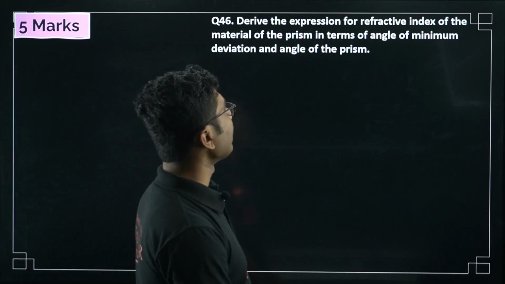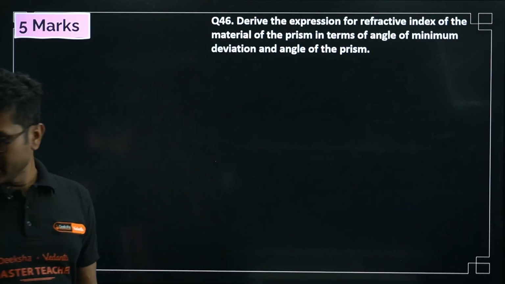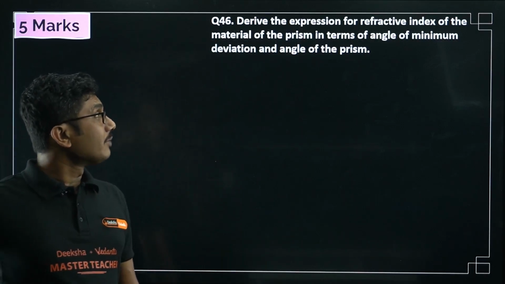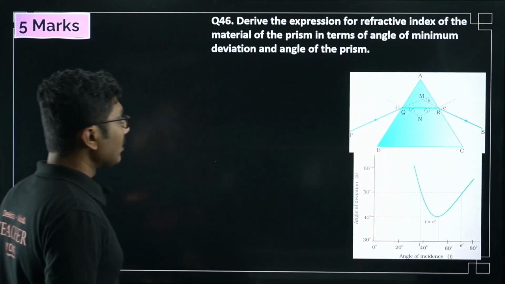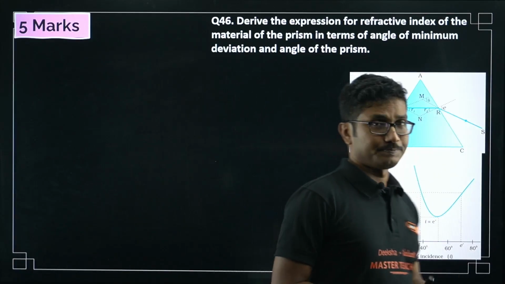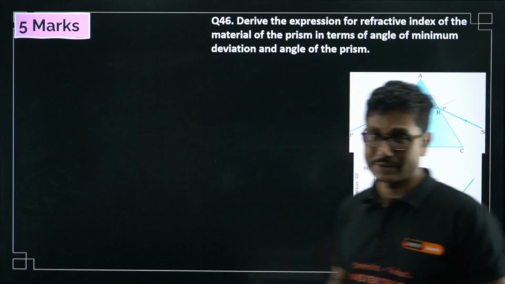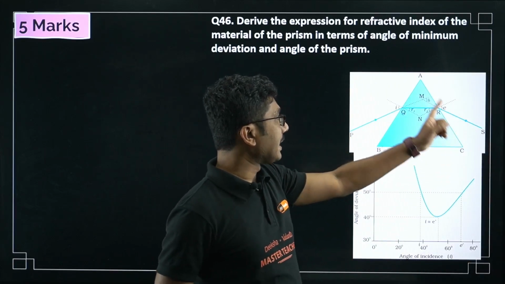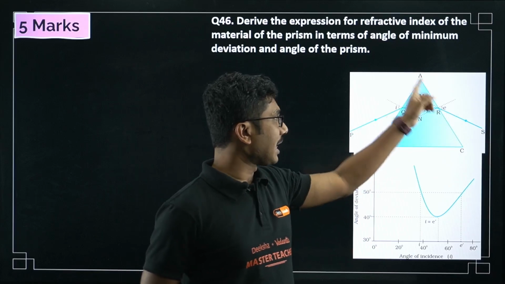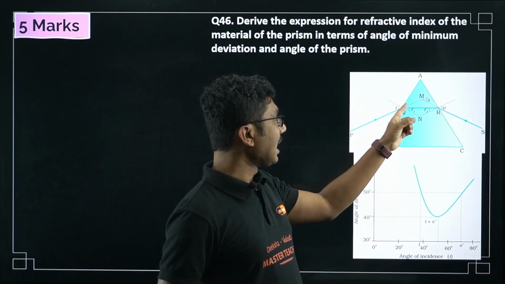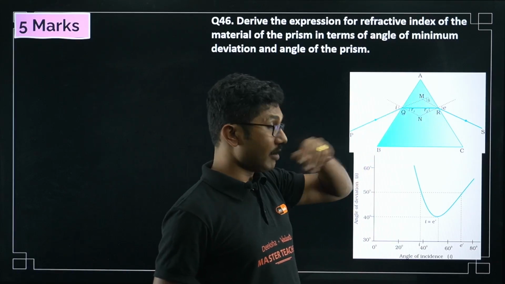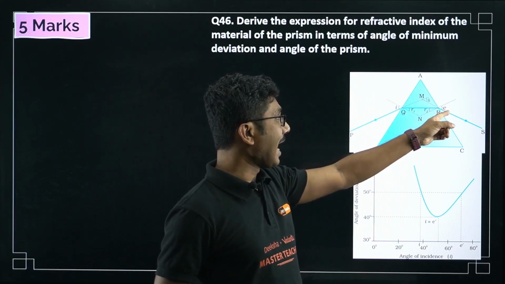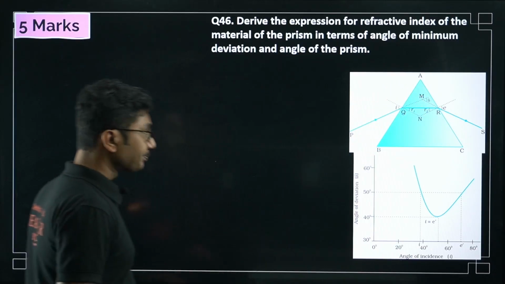Derive an expression for refractive index of the material of a prism in terms of angle of minimum deviation and angle of the prism. So first of all, you have to draw this diagram. This will come next. The below one you can ignore right now. First you have to draw this prism diagram. Mention i, r1, r2, angle of the prism, the angle of deviation delta, and angle of emergence e.